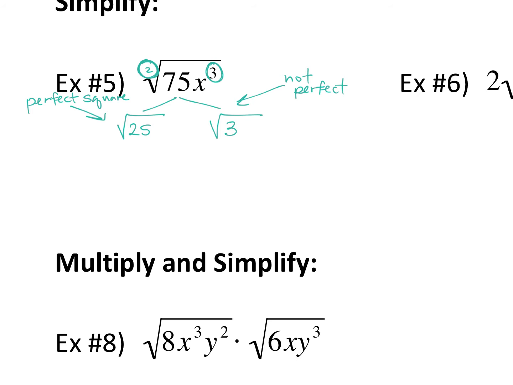So if I have x to the 3rd power, I'm going to put x squared here because 2 can be divided by 2. So that's a perfect square. What are you left with then on the other side? X, okay? Now this simplifies much nicer than it would have before. So this becomes 5. What's the square root of x squared? X. And then we still have the square root of 3x that we can't do anything with. So that's your final answer.